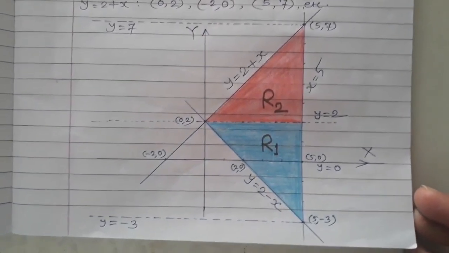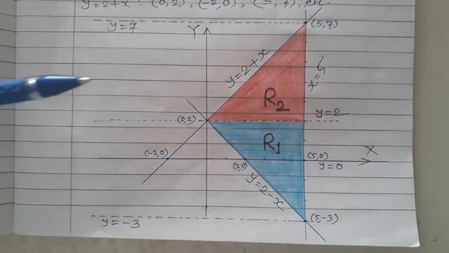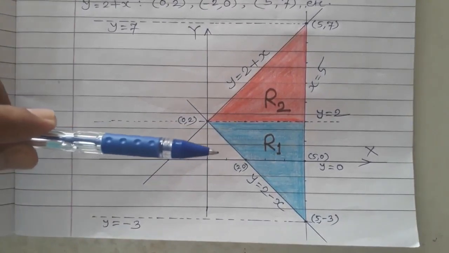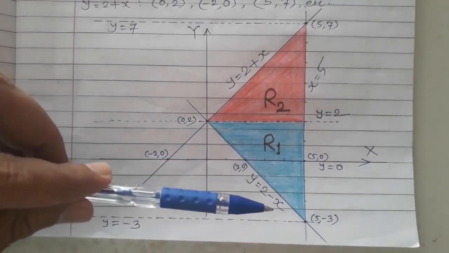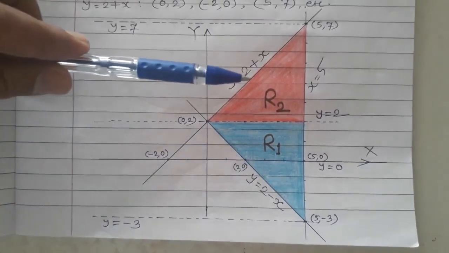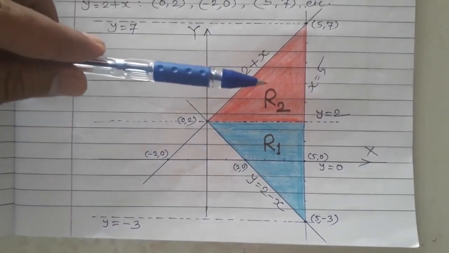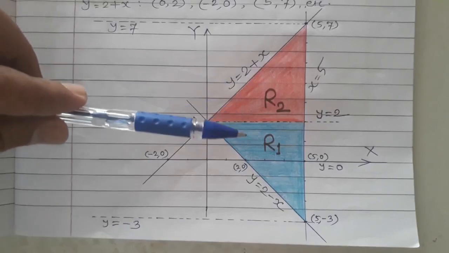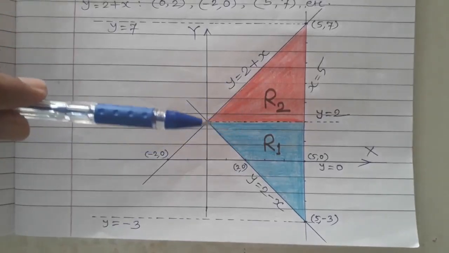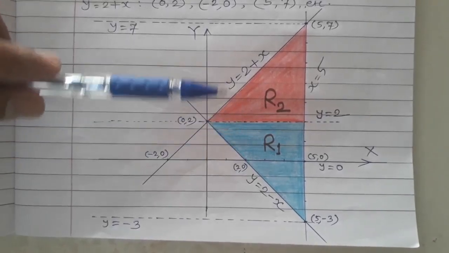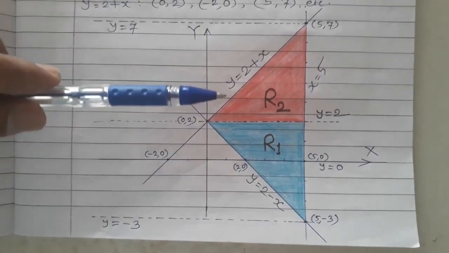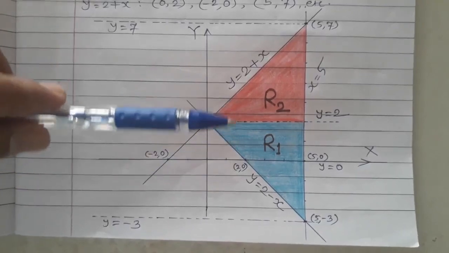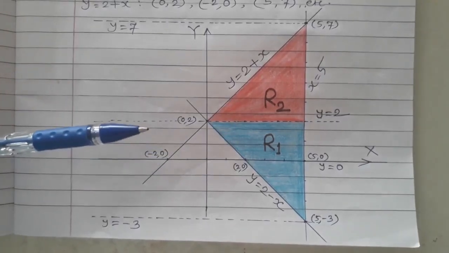And if we consider the horizontal direction of firing, then for blue color I have to break the wall y equals to 2 minus x, and for orange color the wall is y is equal to 2 plus x, and that's why two regions are there. By one bullet both the equations, or both the walls, cannot be broken, that's why. So R1 and R2, their addition, that means addition of two double integrations we are going to consider here.